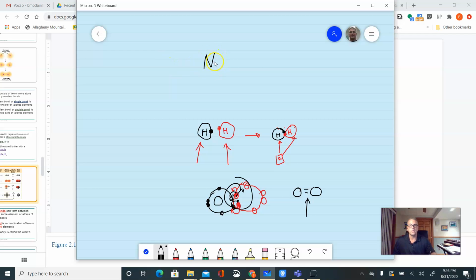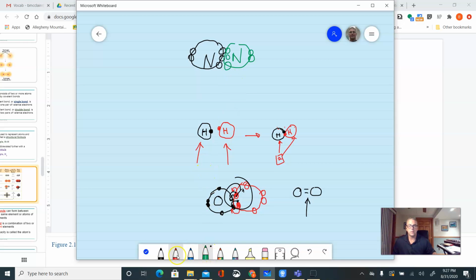Okay, so if you go through there, nitrogen is going to have 5 valence electrons. So I'll just draw it this way: 1, 2, 3, 4, 5, and then I'll grab another one. We'll make this one green, and up here, 1, 2, 3, 4, 5.